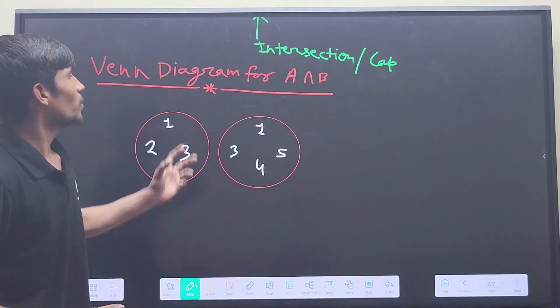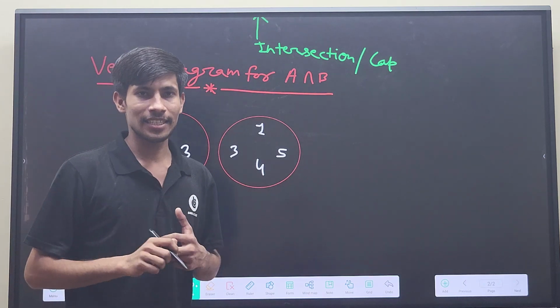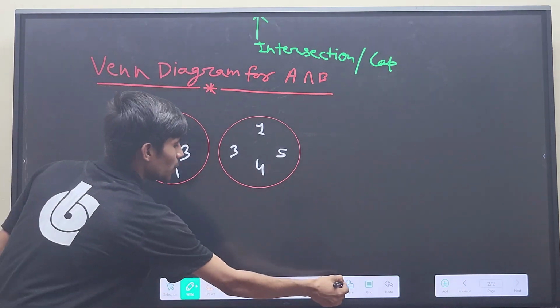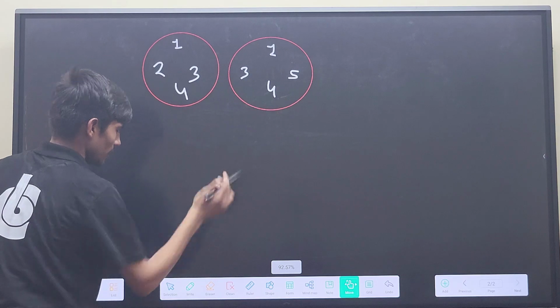Okay. What is the Venn diagram to represent A intersection B?